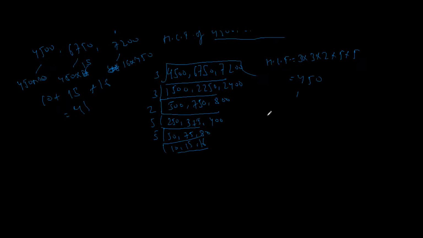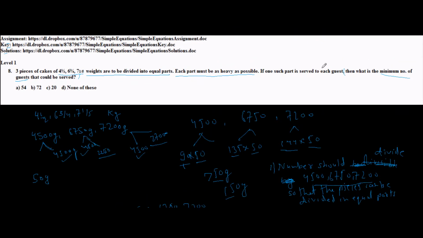So that will automatically result in fewer guests served. So the minimum number of guests served with this condition will be 41. That's my answer. Since 41 is not present in any of the options, I would mark none of these and move on.